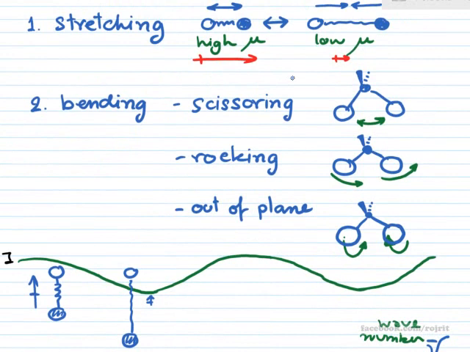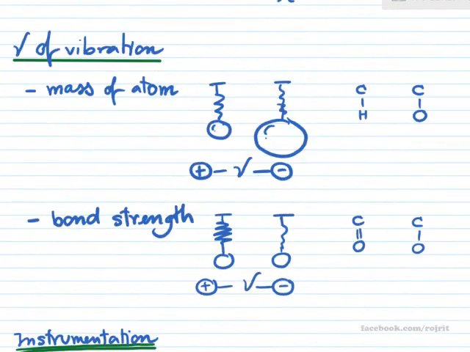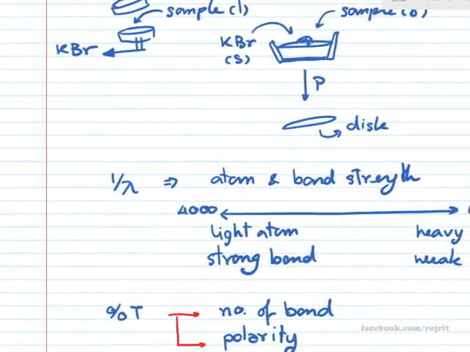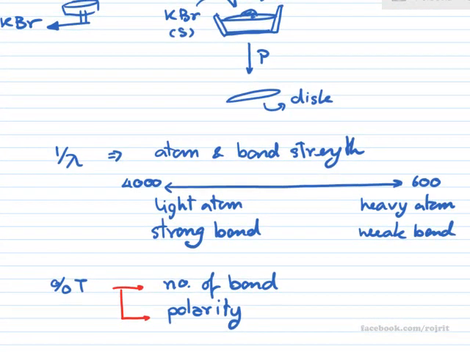As I said, IR is you playing with the polarity of the bond, because you synchronize the electric field of the IR wave with the polarity of the chemical bond. So if you have a non-polar bond, you have no interaction, and percent transmittance is still at 100%.